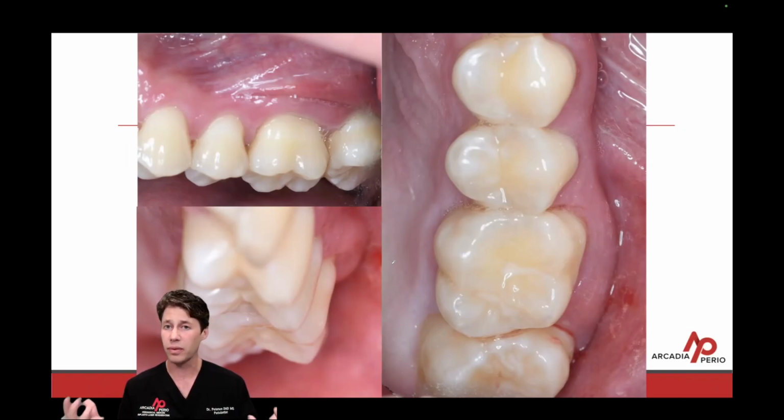Patient comes in for tooth number 14. However, we do a comprehensive exam. I still look at every single tooth because it's unlikely that there is only one isolated defect. In this case, that was the case. There was only the one isolated defect on the buccal aspect of tooth number 14.